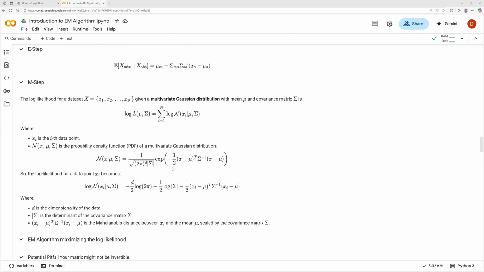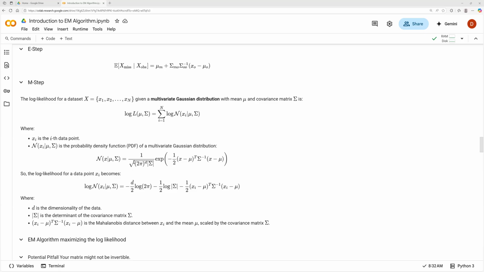D is dimensionality. This here is the determinant of the covariance matrix. And this is the Mahalanobis distance between xi and mu, scaled by the inverse of the covariance matrix, actually.